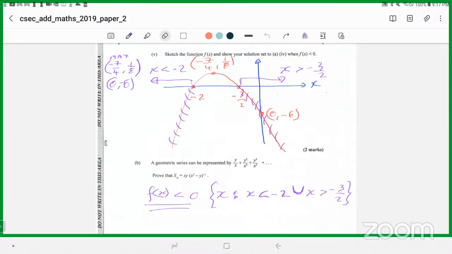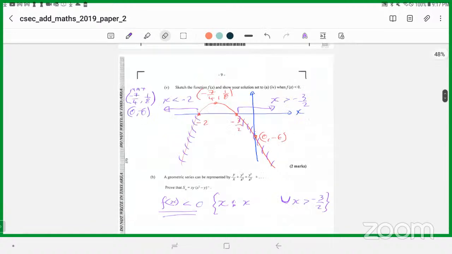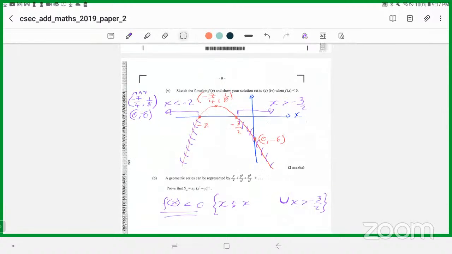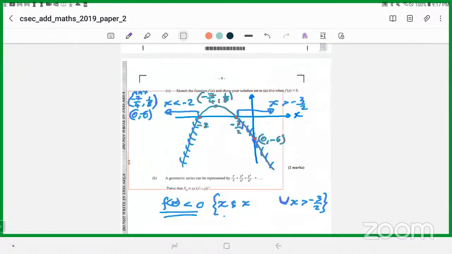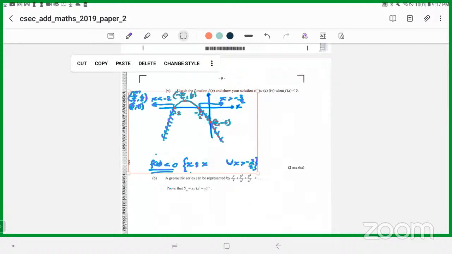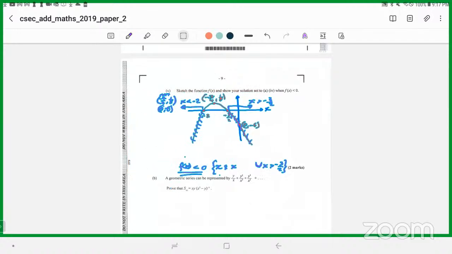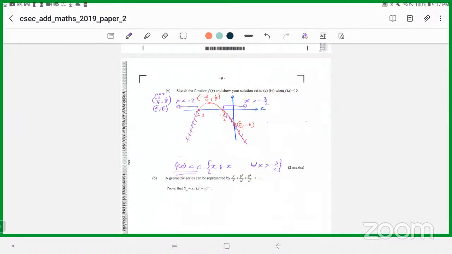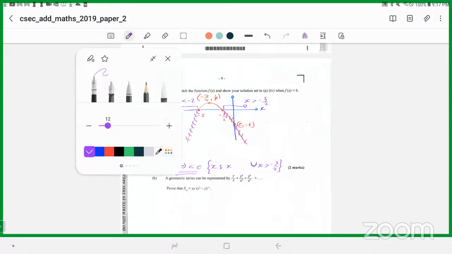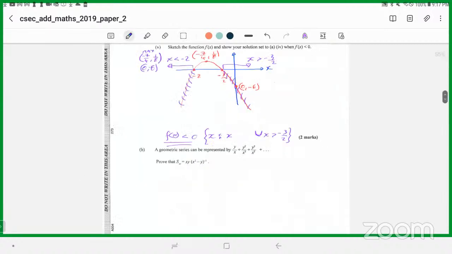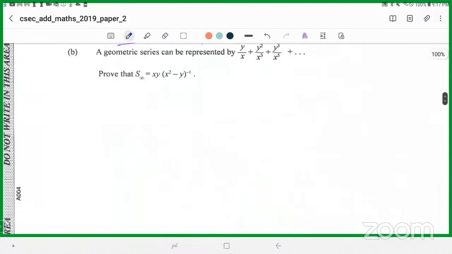Make everything smaller on this, so I don't actually erase anything. Let's put it in blue with the contrast. So we're doing this question now.